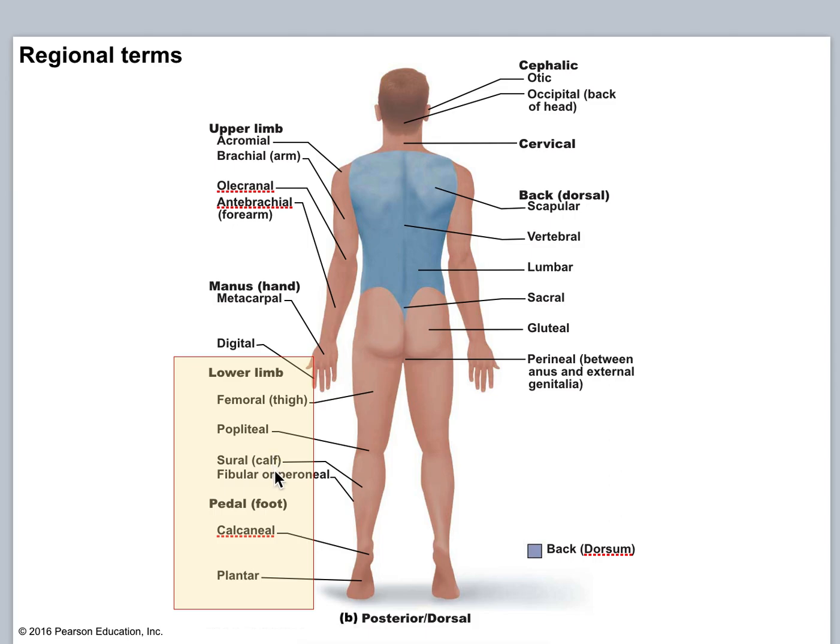Here's the fibular perineal region, which is the lateral aspect of the leg from the knee down to the ankle. The pedal region, or the foot. Calcaneal has to do with the heel. And plantar is just a portion of the foot where you plant your foot, the part that comes in contact with the floor, the plantar surface of the foot.